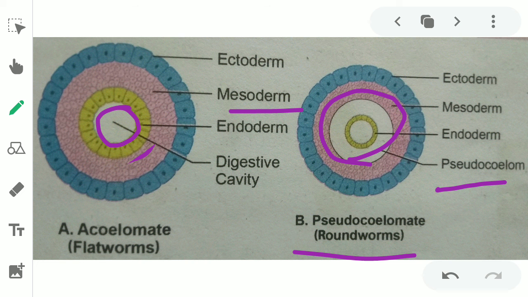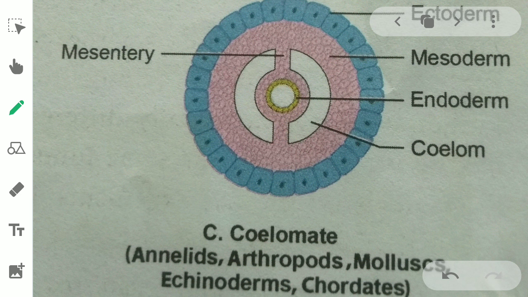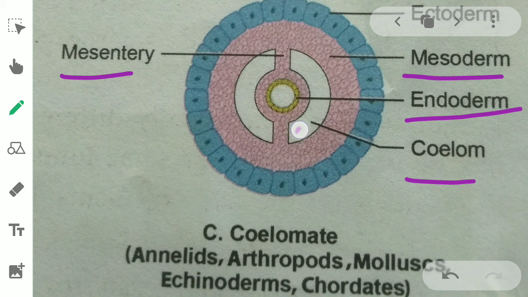This coelom is present but is not fully developed, so pseudocoelomate. Next, coelomate. Coelomate means true coelom. Mesentery, mesoderm, ectoderm, endoderm, coelom. Here the coelom is present. This is the real coelom. The coelom is present in some organisms. For example, annelids, arthropods, molluscs, echinodermata and chordata are the best examples for coelomate.